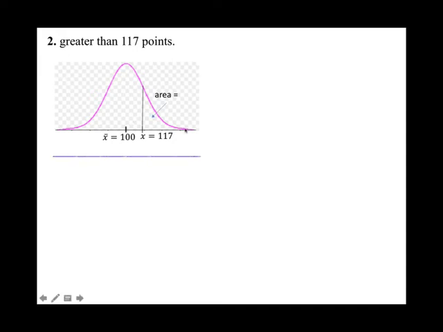So first step, convert it to the standard normal distribution. Use the z-score formula. Plug it in. You should get 1.13. Okay, your z-score should be equal to 1.13.